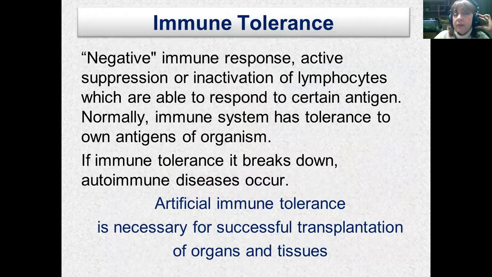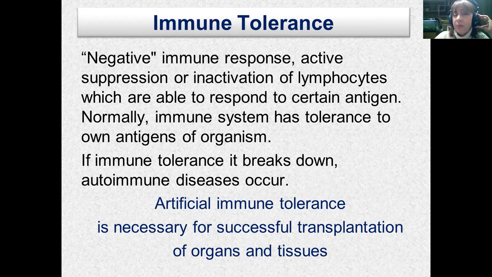The special type of immune response is the immune tolerance. It's a negative immune response, not absence of immune response. If immune response is absent, this condition is named immunodeficiency. But normally, the immune system gives a positive immune response to foreign antigens and negative to own.